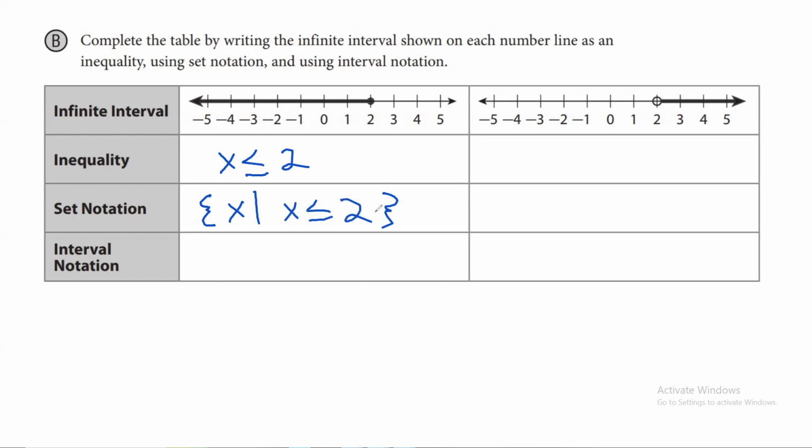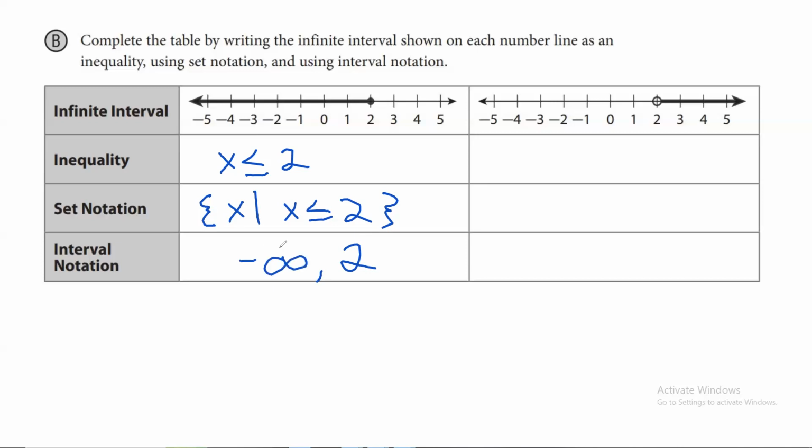Interval notation, what is my high end? What's the largest number that this can be in this interval? 2. What's the low end, or what's the smallest number this can be? If it goes on forever in the negative direction, it'll always be negative infinity.